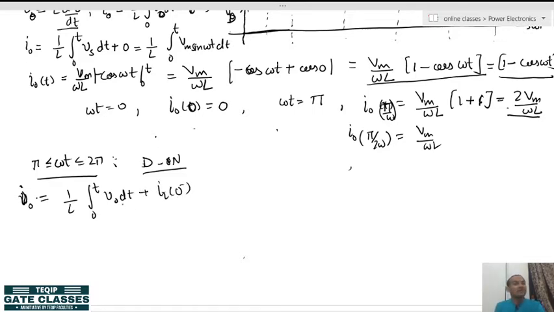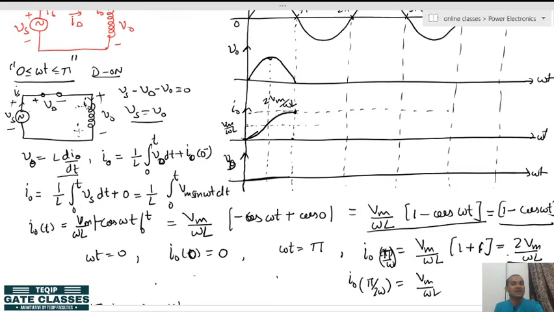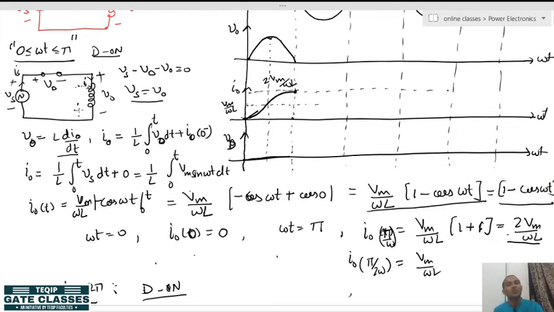Again, since the switching operation has happened, whatever the condition of the circuit prior to the switching operation is called the initial condition. So now again at the pi instant switching has taken place, so we are considering everything prior to the pi instant as the initial condition.